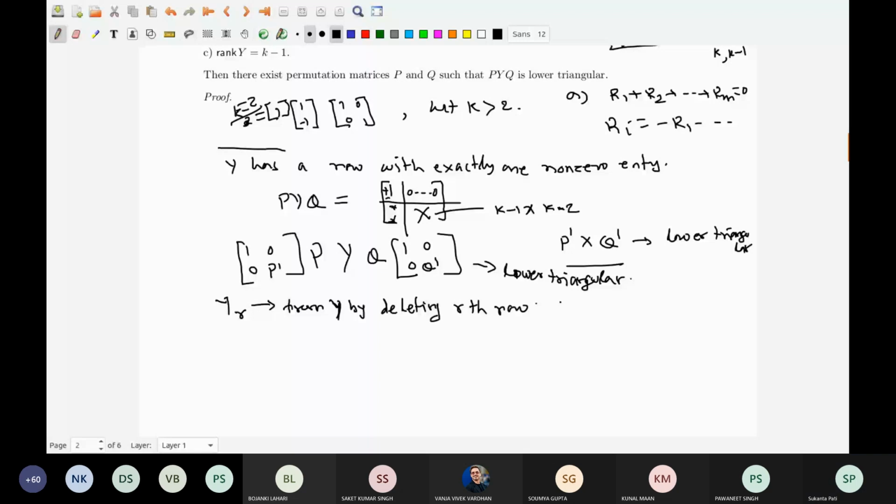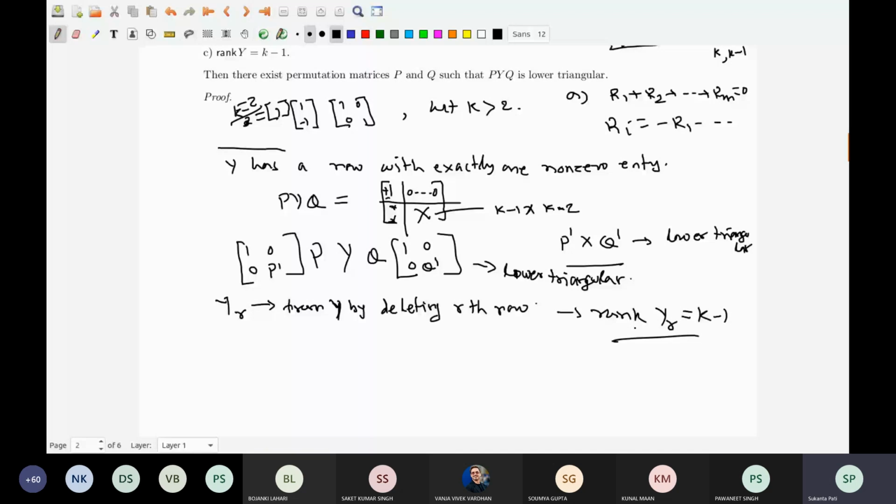So YR is K minus 1 by K minus 1; there was only one row extra. So it is a square matrix with rank K minus 1, so it is invertible.